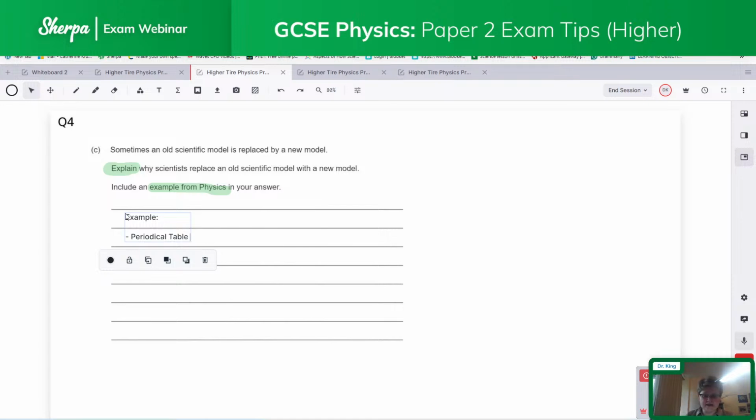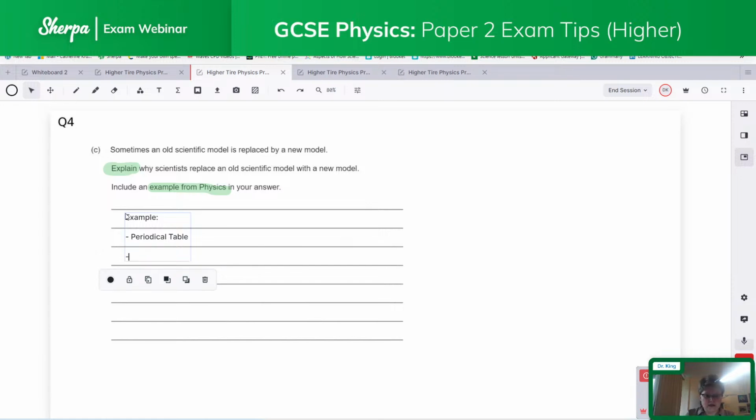How that testified itself in the future: as ages passed, new elements were discovered and miraculously fit into Mendeleev's periodic table, and that's how other scientists were able to believe that his model was more accurate than the old model.